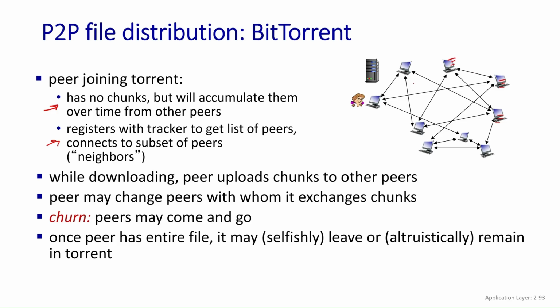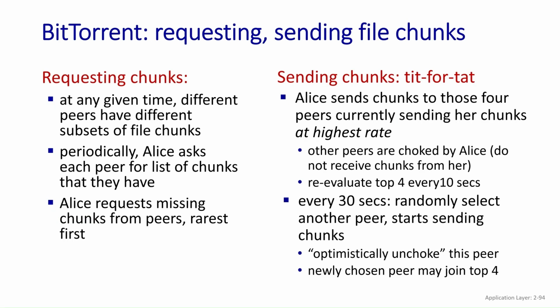Alice will request the rarest chunks first, the chunks which are rarest when comparing the chunks available on the different peers. So in this case, Alice requests missing chunks from peers, rarest first.